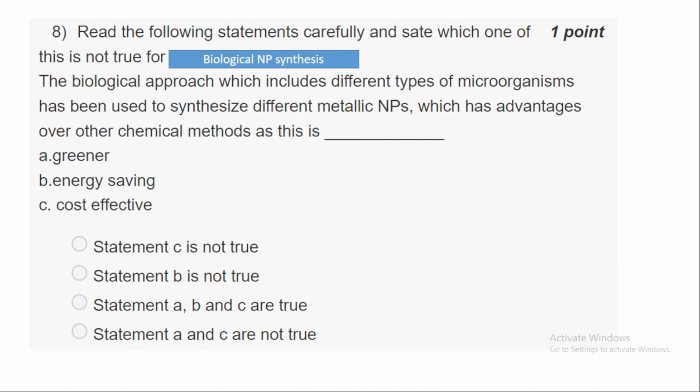And the options are option A, statement C is not true, option B, statement B is not true, and option C, all of them are true, A, B, C. Option D, only A and C are not true.